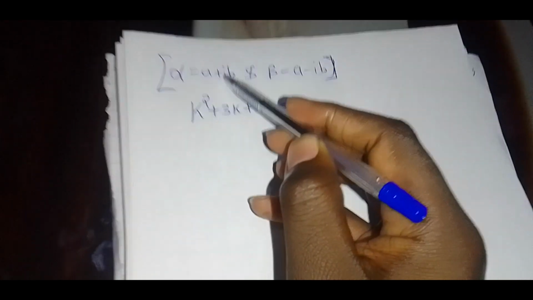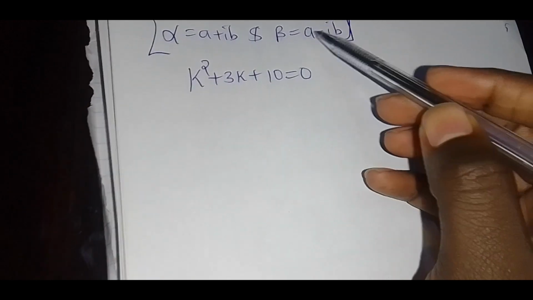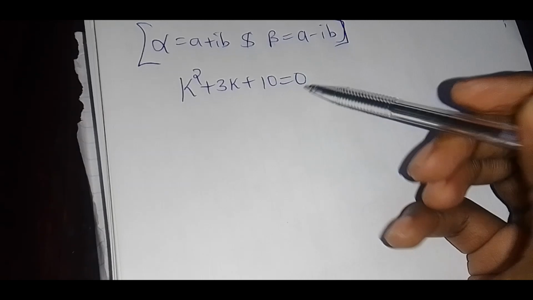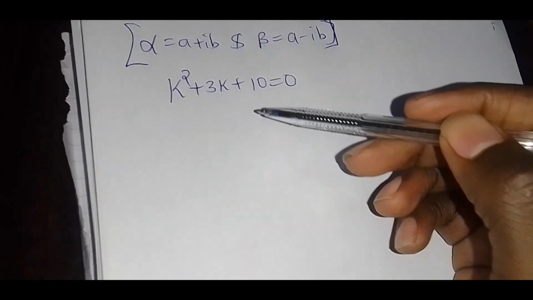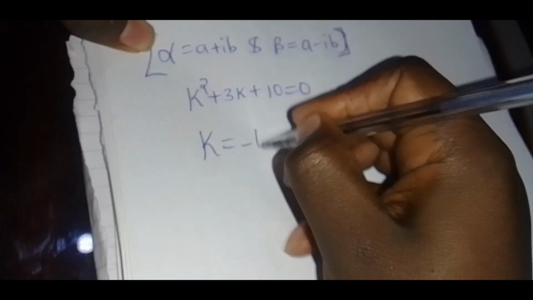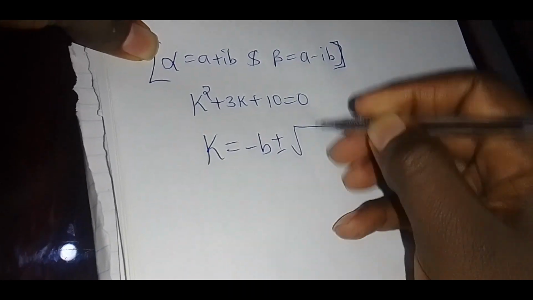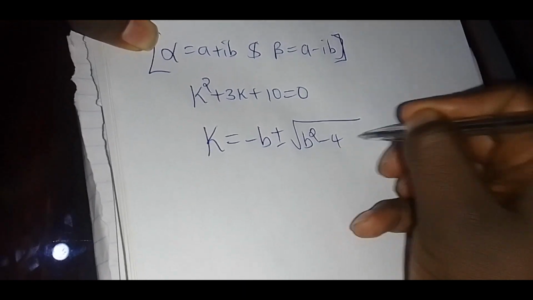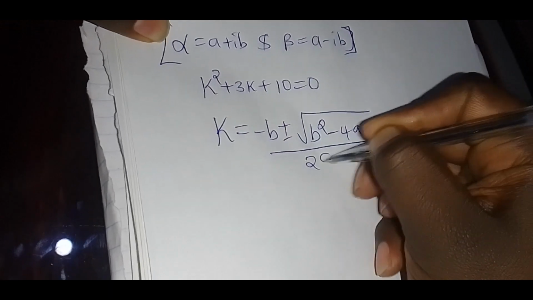So for this complex root, which is in the form of alpha is equal to a plus ib and beta is equal to a minus ib, we solve this quadratic equation using the quadratic formula. That is k is equal to minus b plus or minus the square root of b squared minus 4ac divided by 2a.